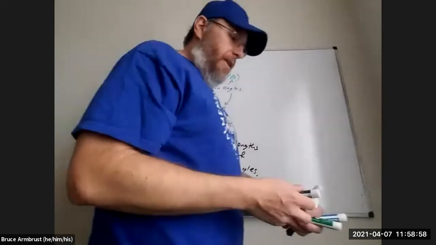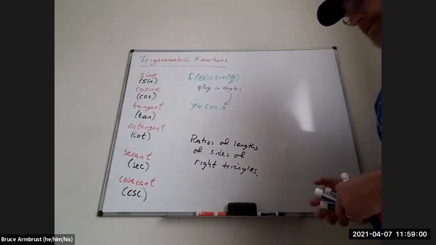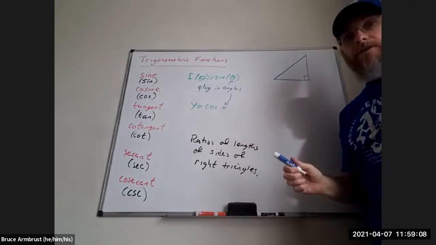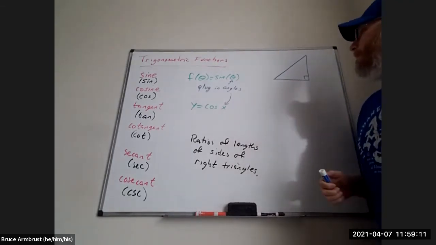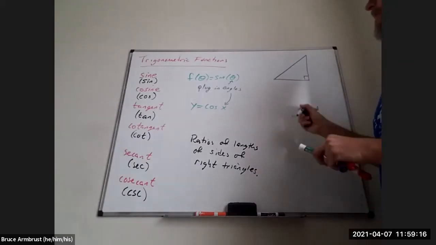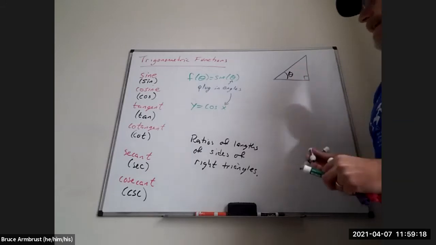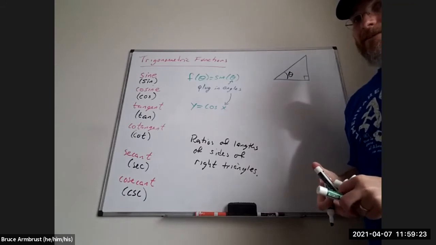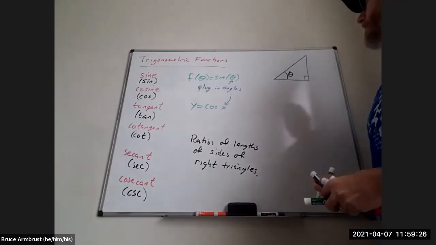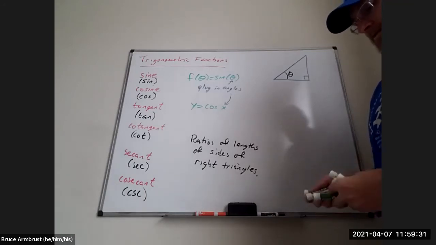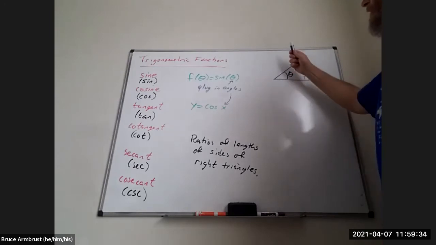All right, so here's how they were defined. Here's a generic right triangle. Right triangle just means that there's a right angle. Now, if we specify one of the angles, I'm going to go ahead and use this guy as theta. I'm going to name the three sides. The long side, that's the hypotenuse.